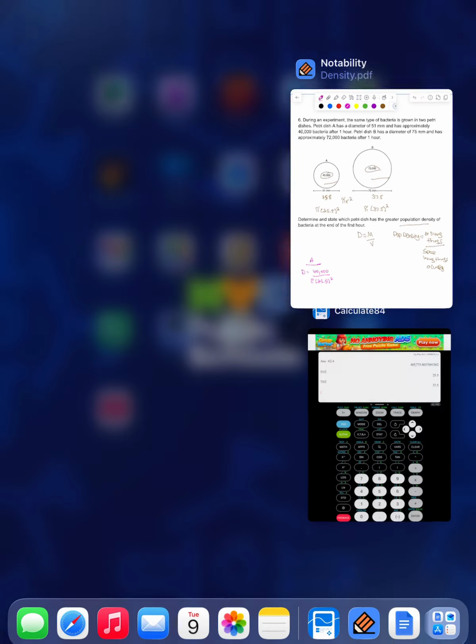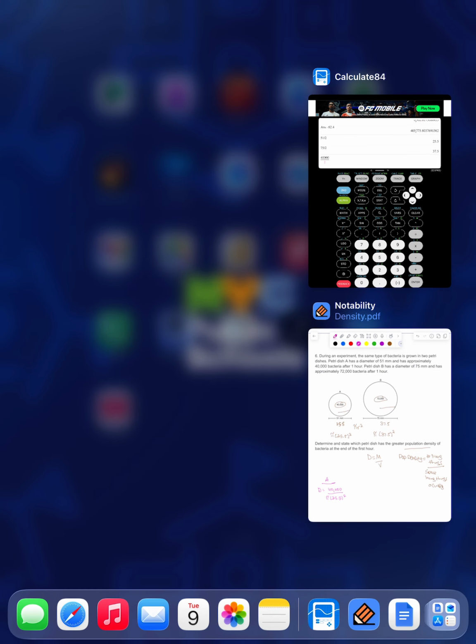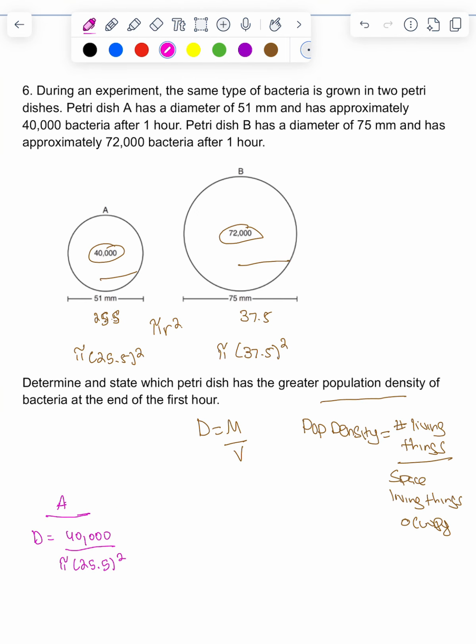I'm going to do that in the calculator. 40,000 divided by pi times 25.5 squared, 19.58. And that's the population density.